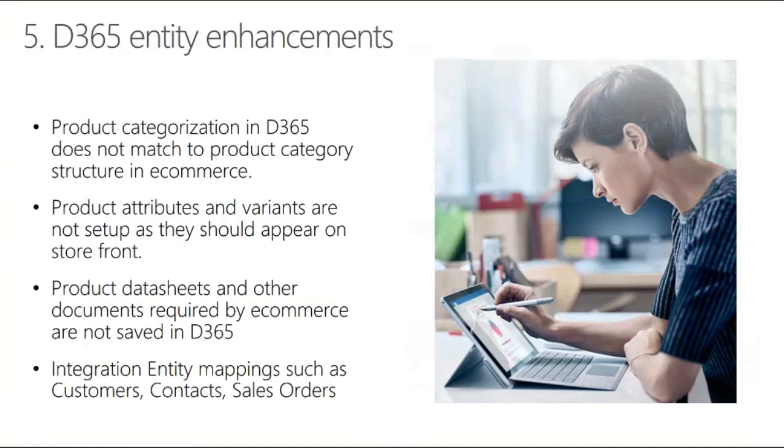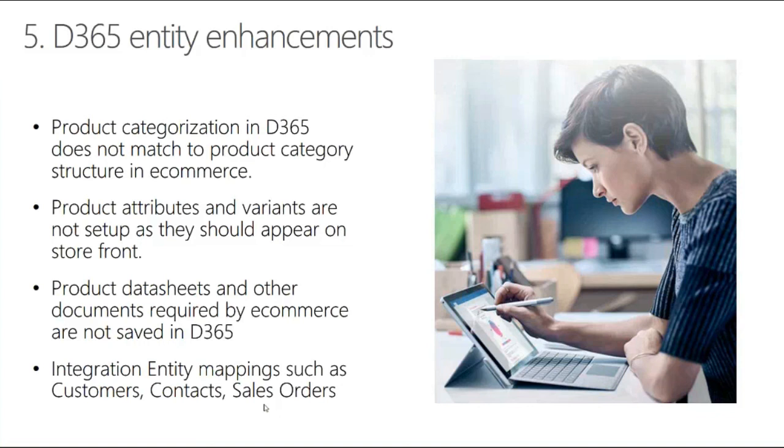Another thing we are seeing is in terms of your D365 entity enhancements. As I mentioned, your product categorization and attributes and product variants, but this also covers other integration entity mapping, such as your customers or sales orders. A good example is, if you change your customer entity in Dynamics but you don't inform the e-commerce team about that change, the next time we want to send back a customer who placed an order as part of the integration, those integration entities are going to fail.